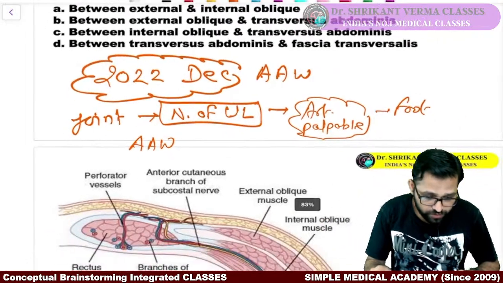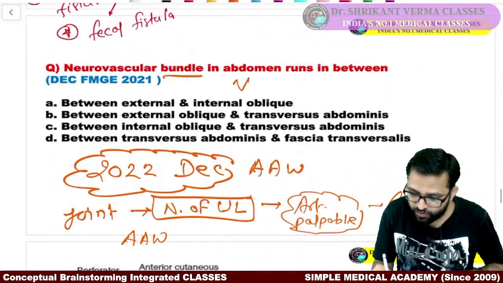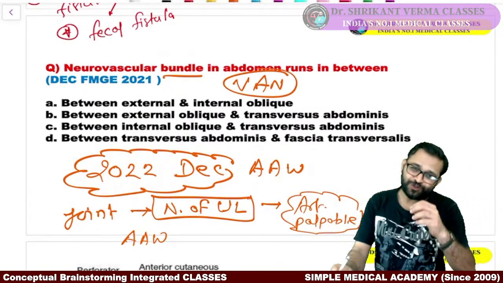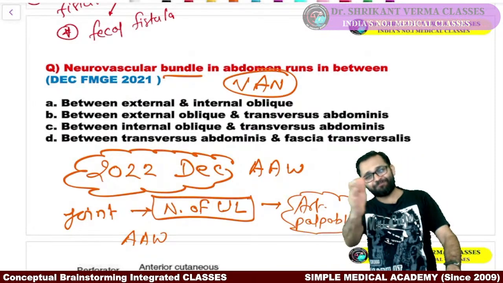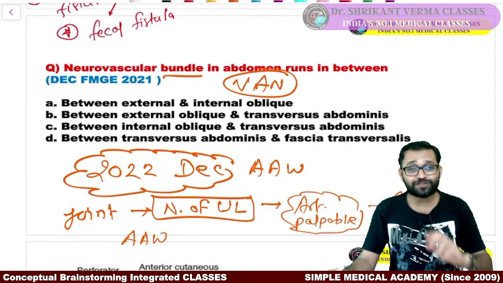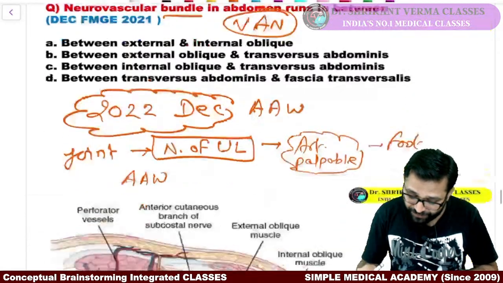Now try to understand the neurovascular bundle. Do you remember I told you VAN? I told you Hilton's law: the nerve or vessel supplies the area where it runs. That is all general theory. The neurovascular bundle runs between which layer?